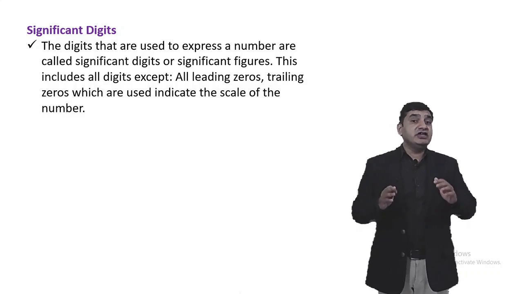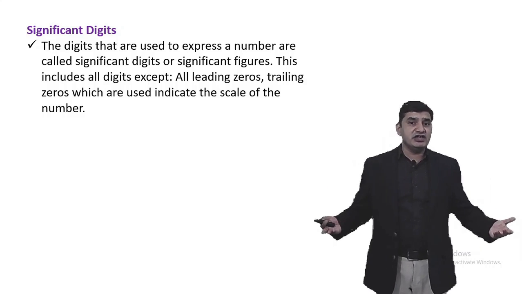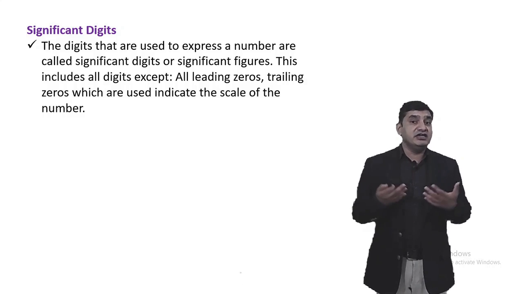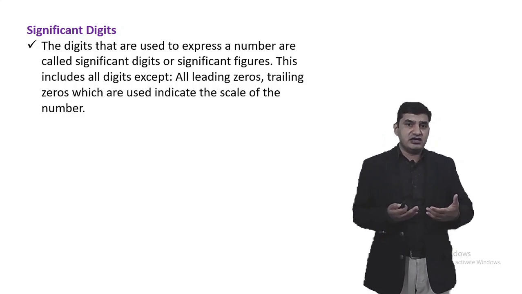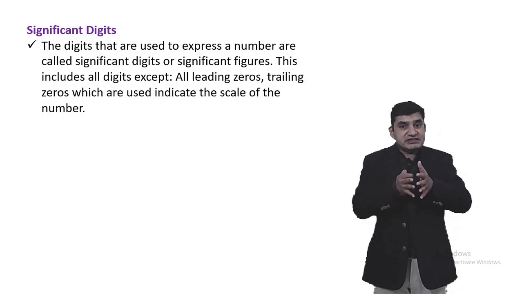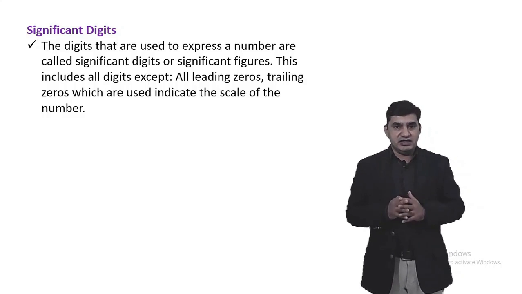That is, the digit can be changed. The last digit can be changed. That is a significant digit. And the figure up to which we have to consider the significance, that is the significant figure.